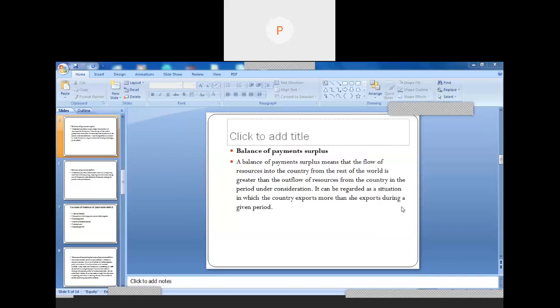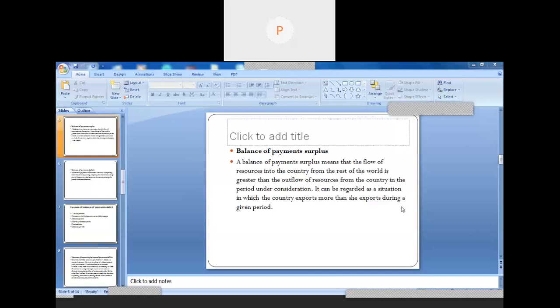A balance of payment surplus is always a thing of joy for a country because it implies that the citizens of the country would be better off. Always the citizens will be in a favorable situation. So if the balance of payment is going to be in surplus, it is a positive sign for a country.